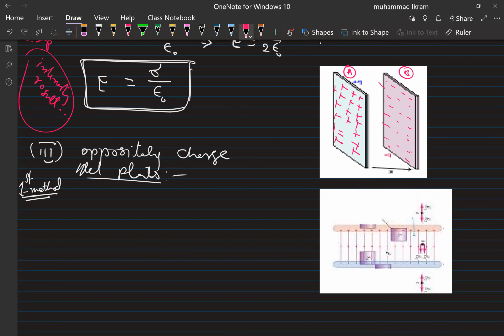What is Gauss's law? Gauss's law tells you that the electric flux through any closed surface is equal to the charge enclosed divided by epsilon naught, the medium between them.